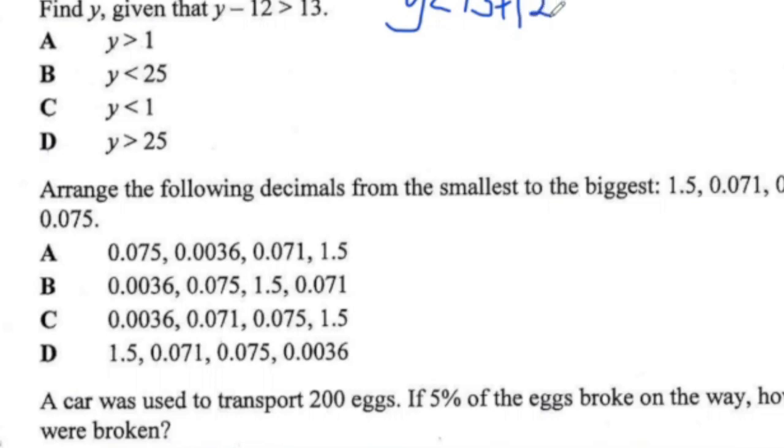Then we write y is greater than 13 plus 12, which is going to give us 25. So the correct answer is B. B will be the correct answer. So y is less than 25.